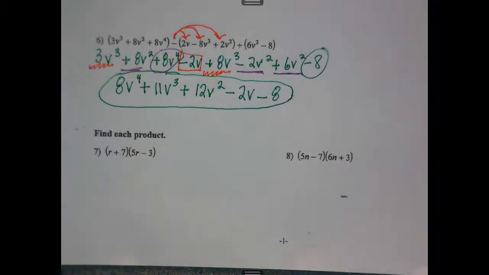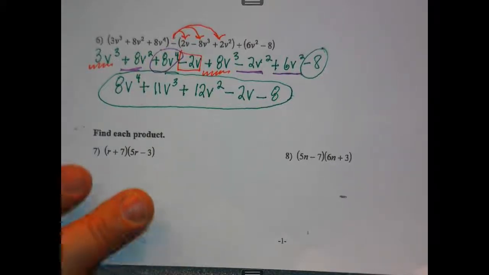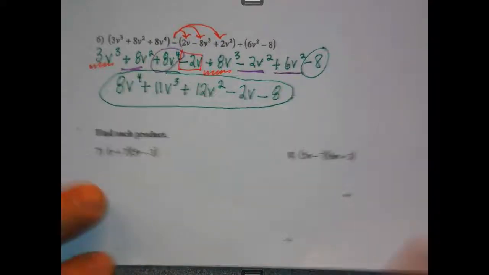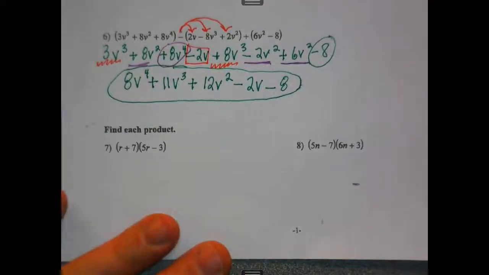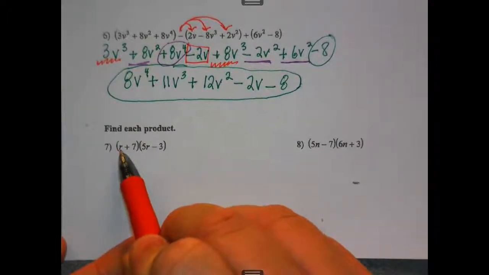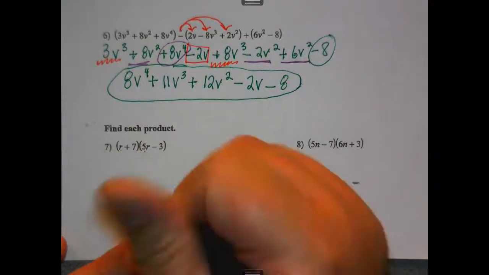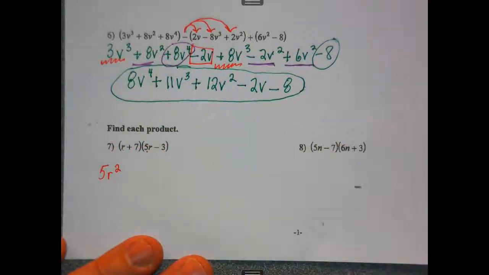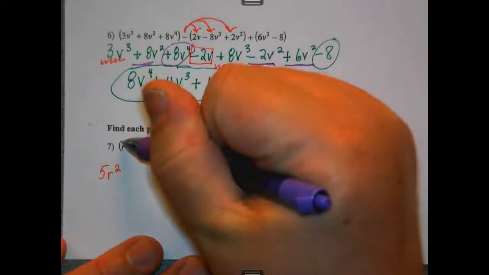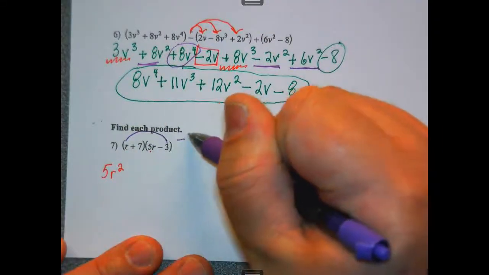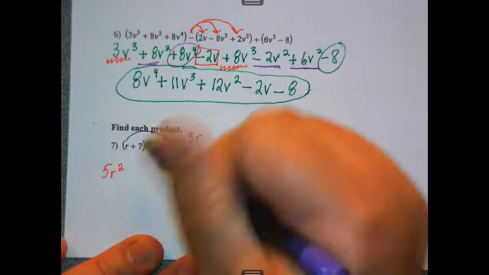7 or 8? Both? Okay, I have a binomial times a binomial. What am I going to use? That's right, FOIL. First, R times 5R is 5R squared. Outside, R times negative 3 is negative 3R.